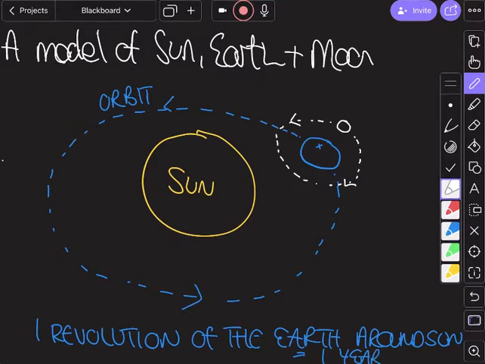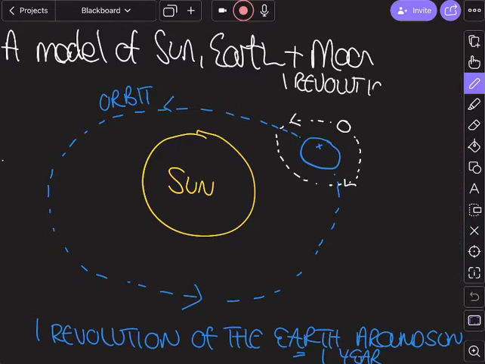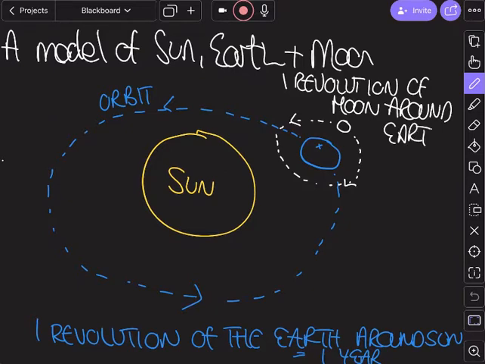And we have one revolution of the moon around the earth. That is 28 days. So not quite, well, it's the month of February.